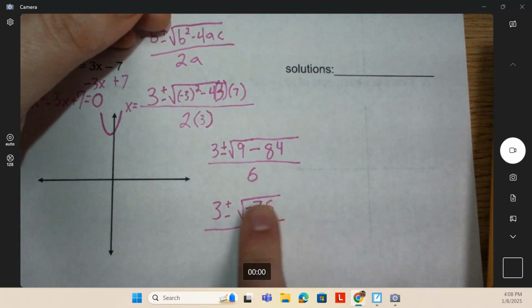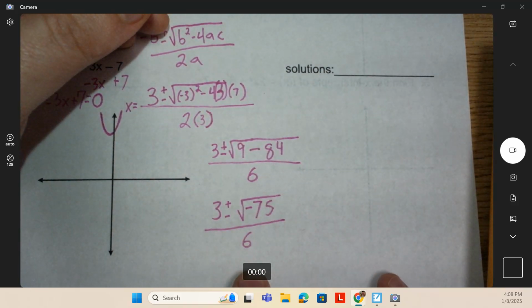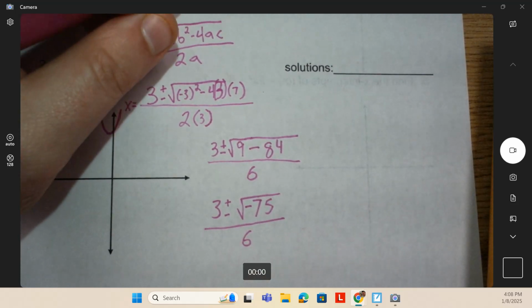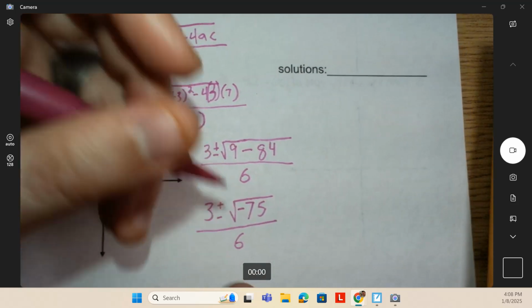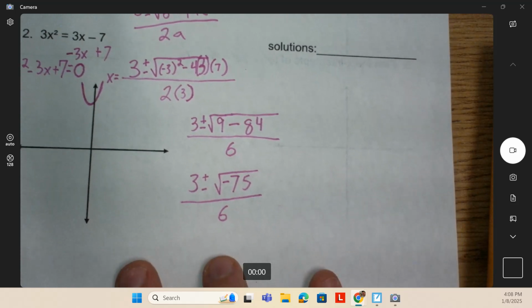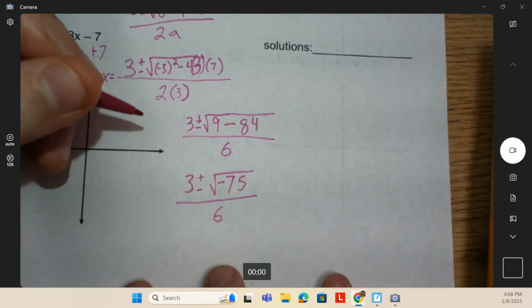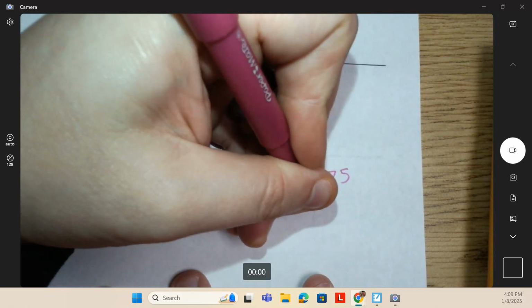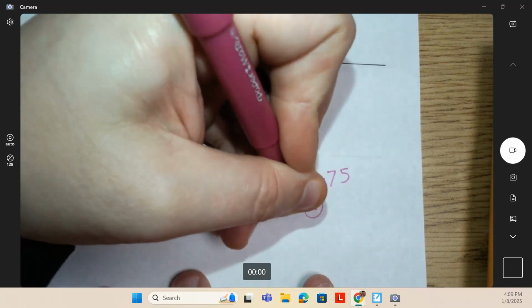So I've got an unsimplified version of the answer here. Need to do some simplifying if I can. One thing I know I can do is pull out that negative 1 and get i for that. But let's see what else we can do. So if I have negative 75, I'll pull out that negative 1. That becomes an i.